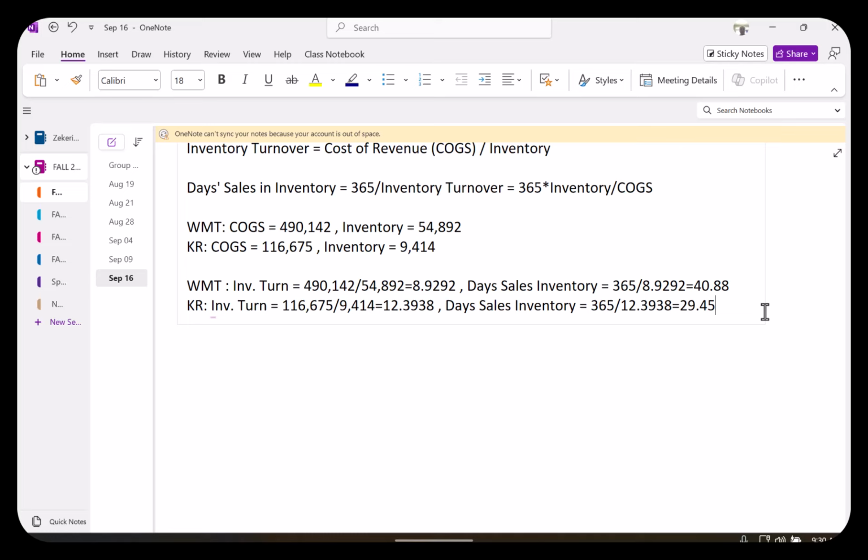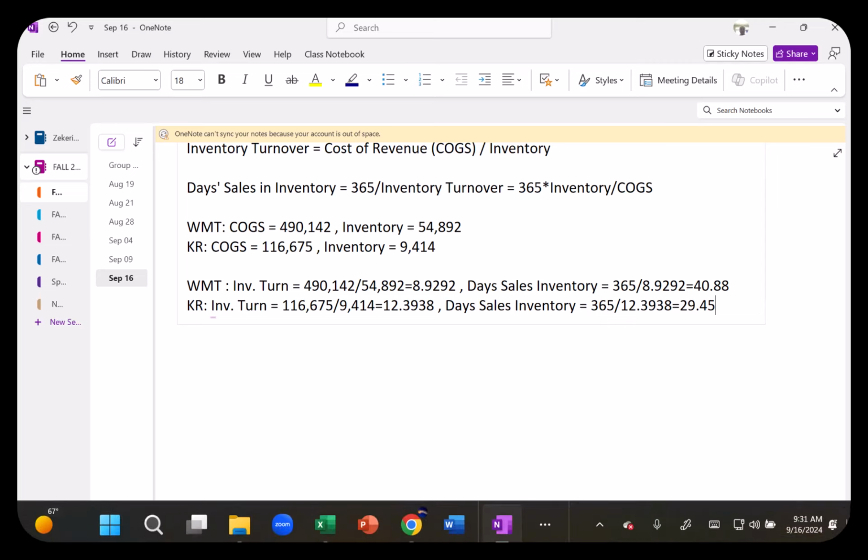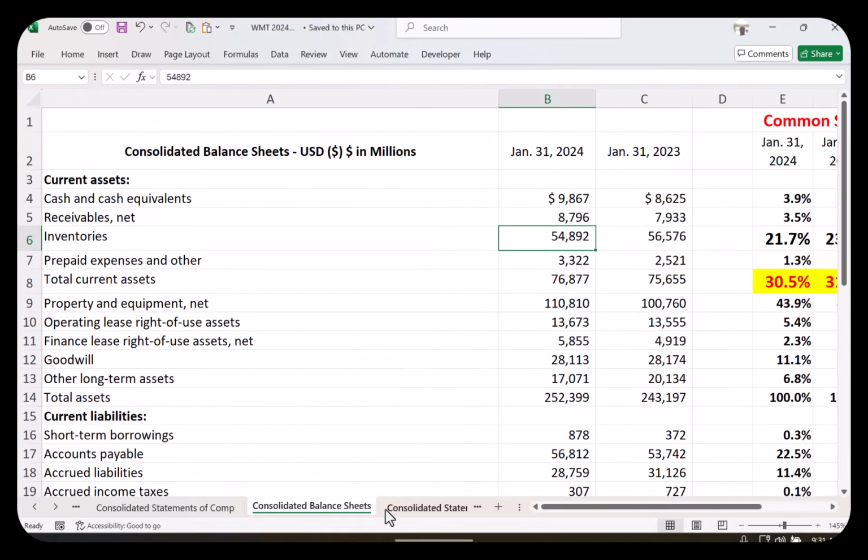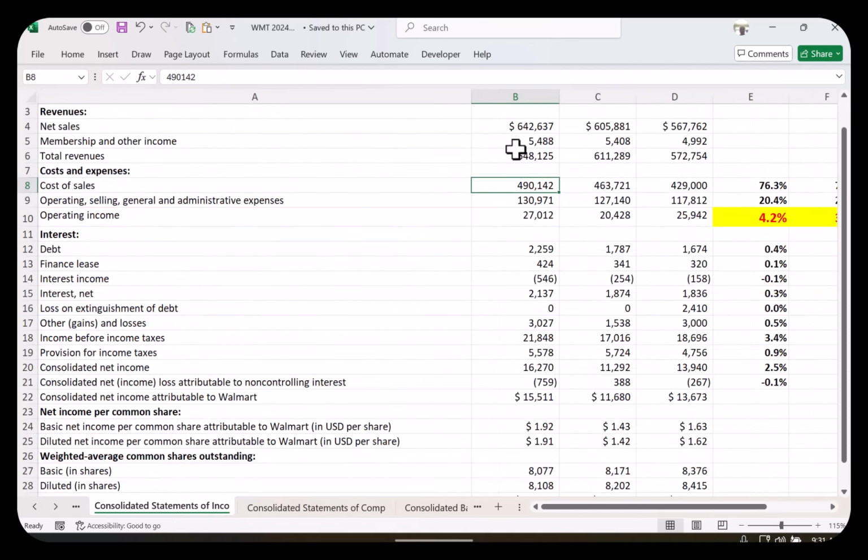And trust me, in a business like retail where the margins are pretty low to begin with, that makes a difference. I mean, just to give you an idea, Walmart. Let's see.